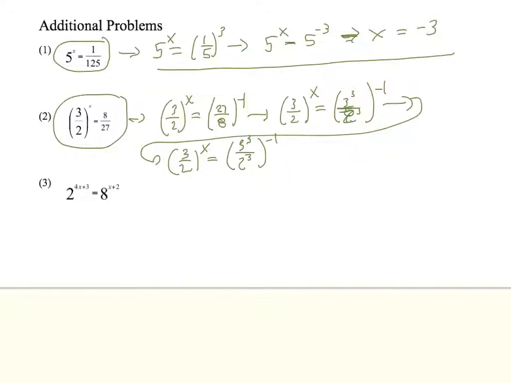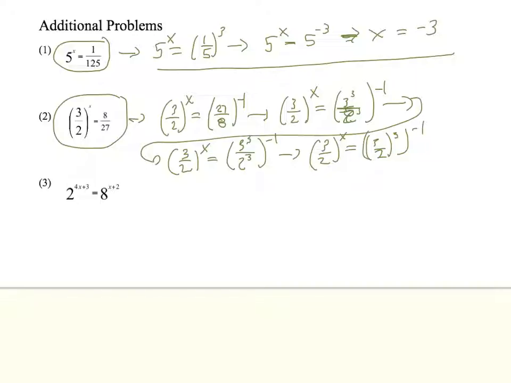And look at what I can do. This is going to be 3 halves raised to the x is equal to 3 halves raised to the 3rd raised to the minus 1.